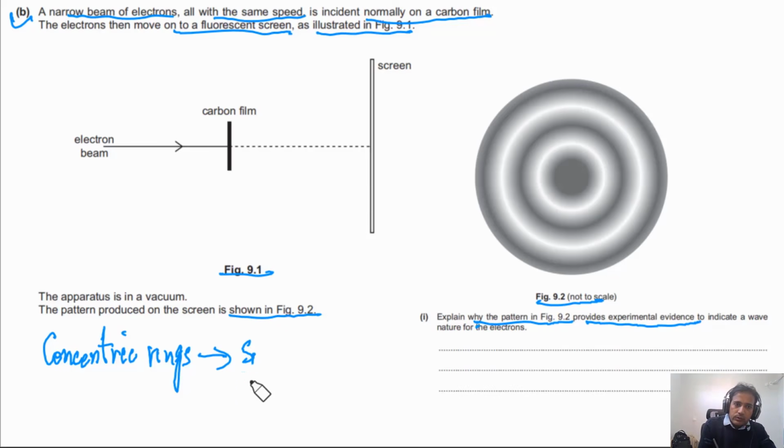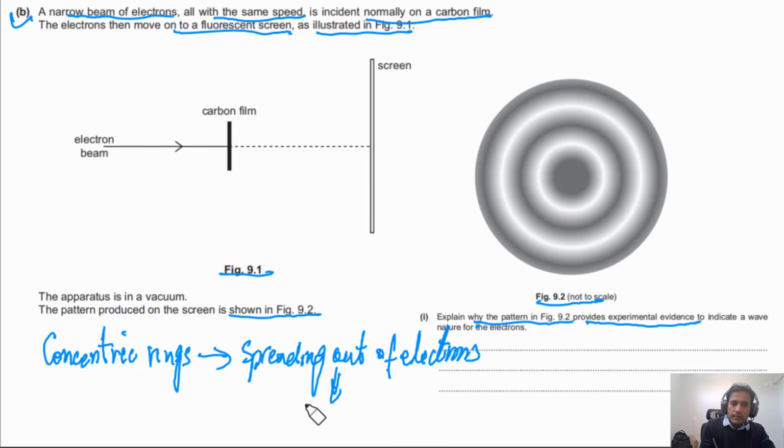It means that electrons have undergone diffraction and interference.